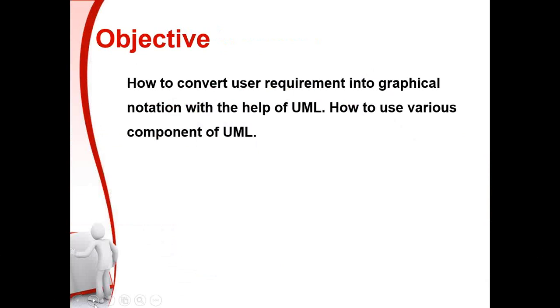Towards the end of the complete UML course, when we are done with the assignment, the overall objective is to provide you the working experience, as if you had worked as a business analyst: what skill set you would have used, and how you would have used UML diagrams depending upon the requirements you have.